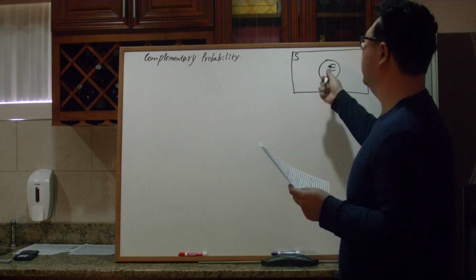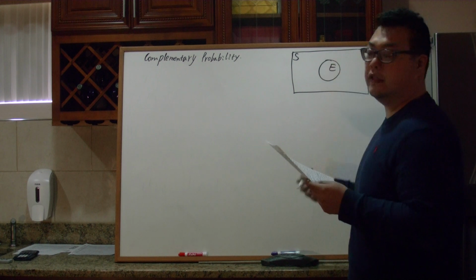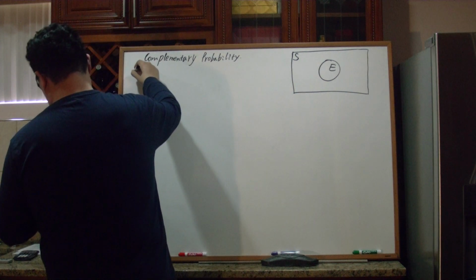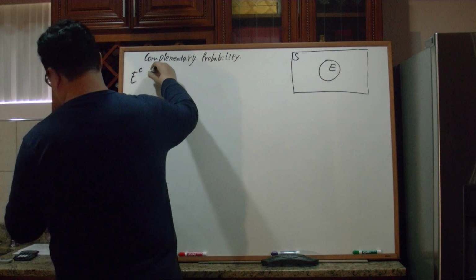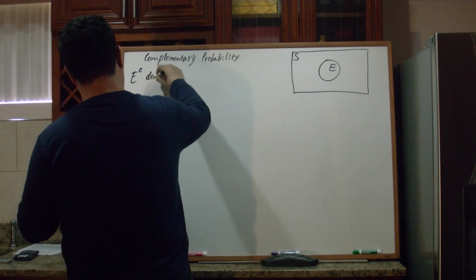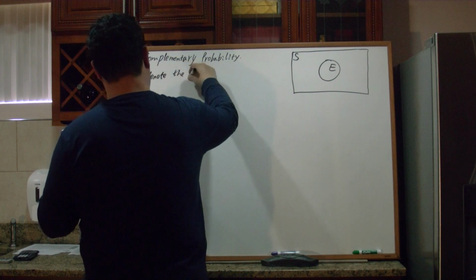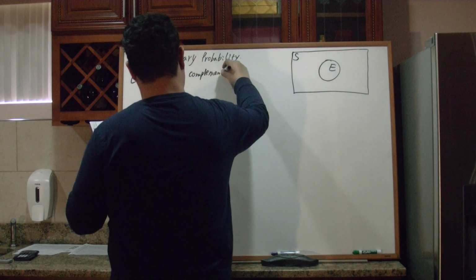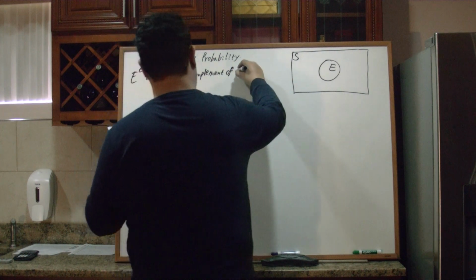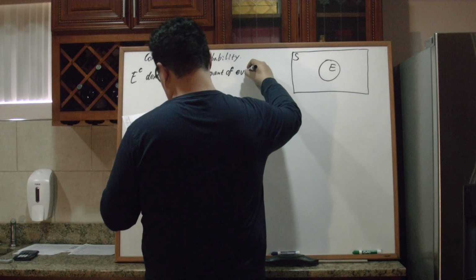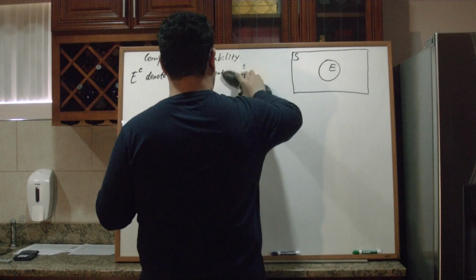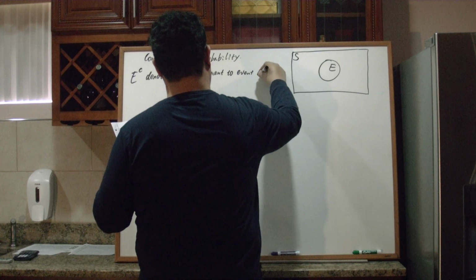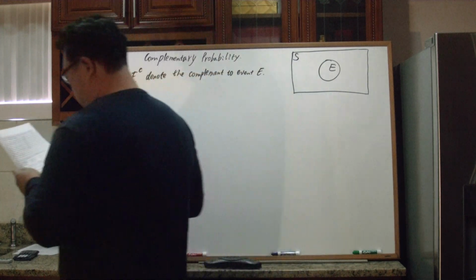That is, the event E occurs, the circle is the event E. So what we can do is, E^C denotes the complement of event E. Complement to event E.